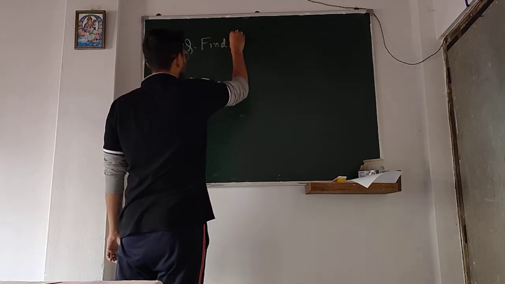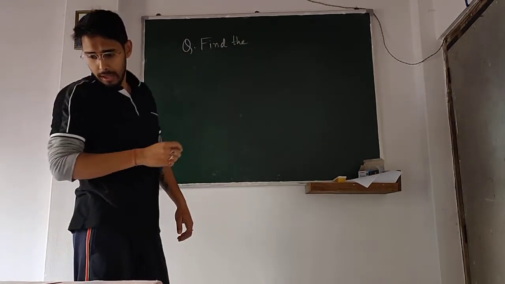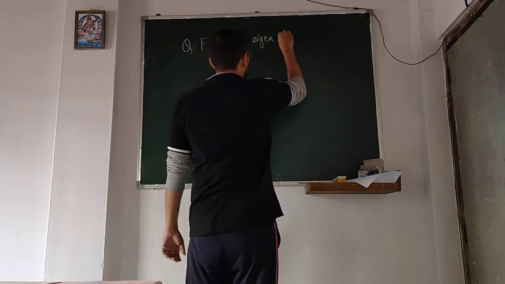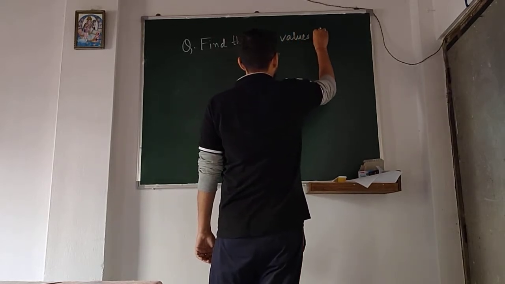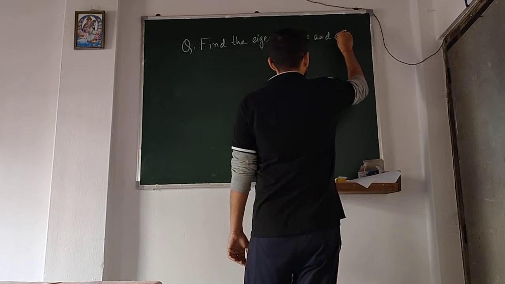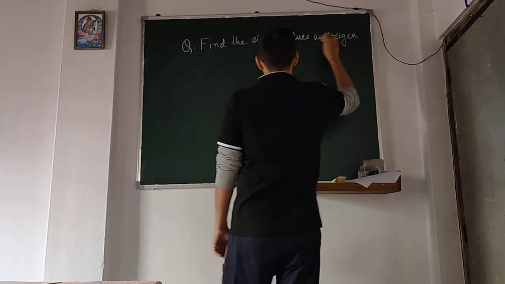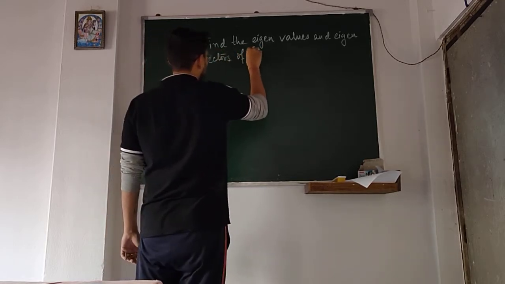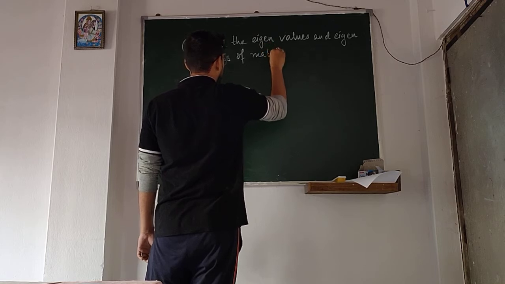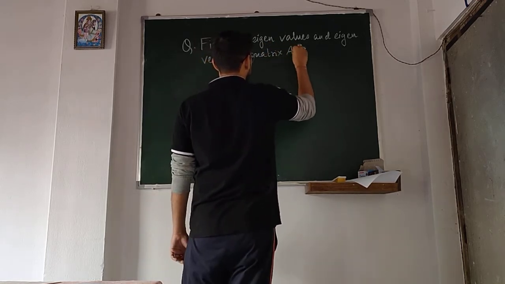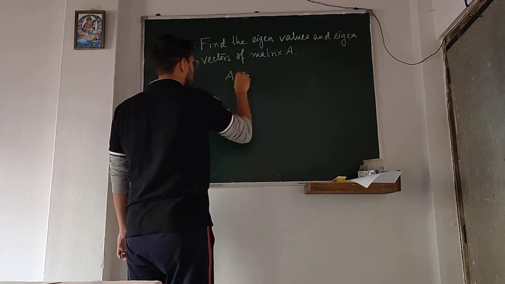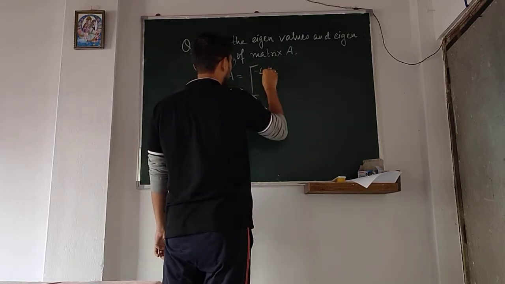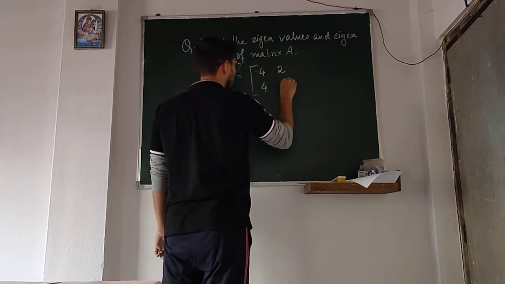Find the eigenvalues and eigenvectors of matrix A, where A has been given as [-4, 2; 4, 3].